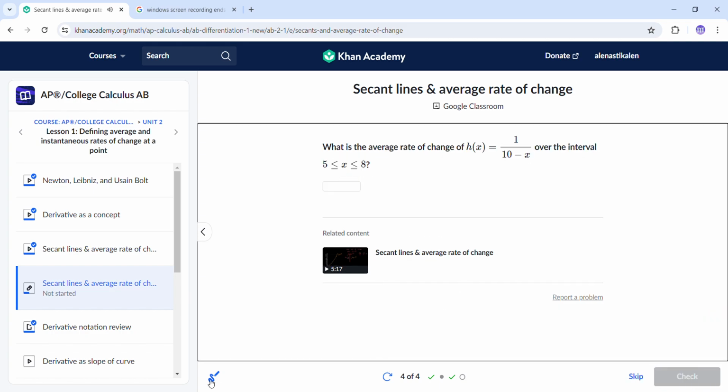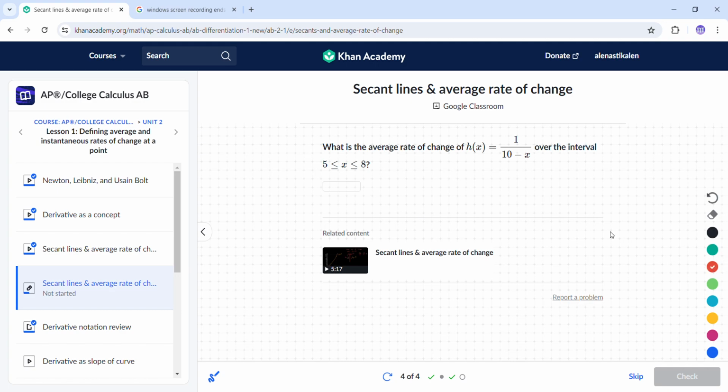Okay, moving on. We've got 8 here. That would just be 1 over 2. 5 here. 5 here is 1 over 5, right? So 3 over 1 over 2. My bad. Did I really just say 1 over 2 and wrote 1 over 3? Okay.